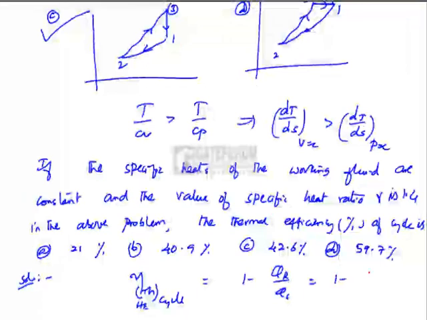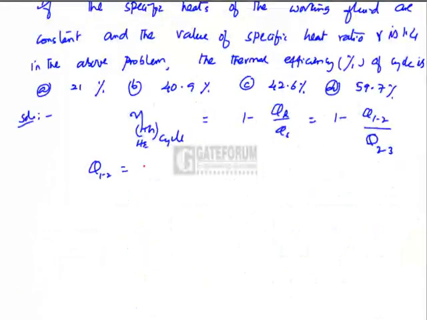That is 1 minus Q1 to 2 divided by heat supply, which is in the process Q2 to 3. Since it is a constant pressure process, Q1 to 2 is equal to Cp into T1 minus T2.